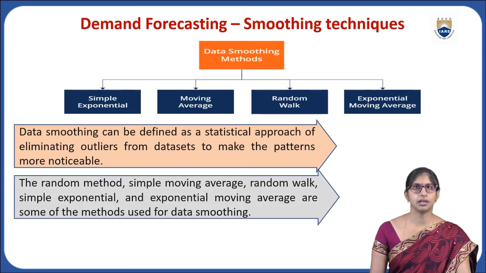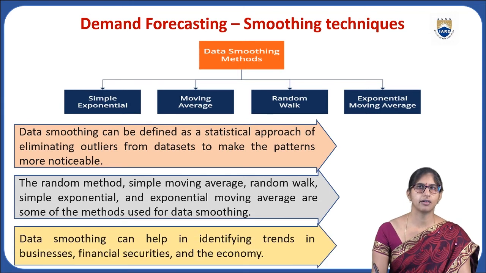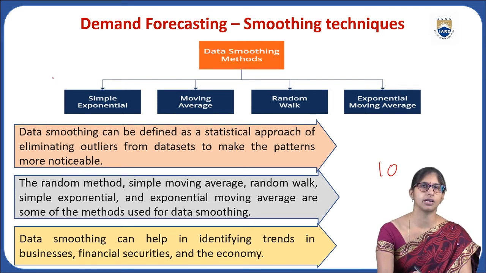In simple moving averages, random walk or exponential, we are just going to estimate the demand from the averages. So what are these averages? For example, let us say we have historical data for 10 years. We estimate the demand using the moving average method. We can take either a 2-yearly, 3-yearly, or 5-yearly moving average.